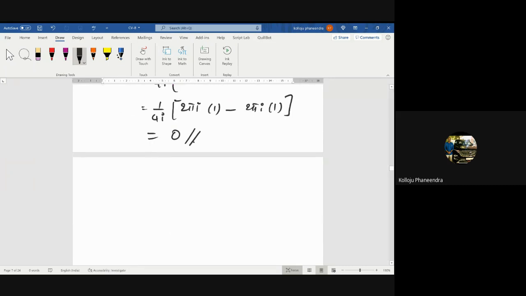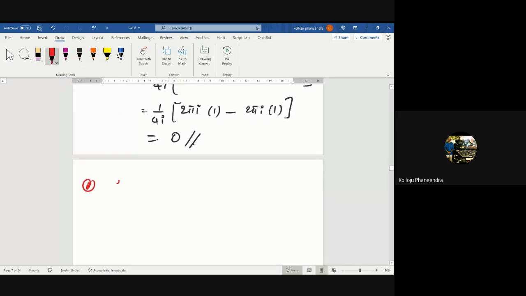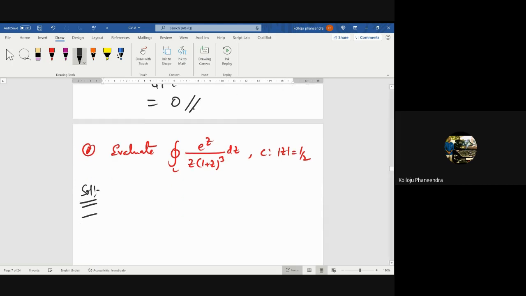Okay. If you still have any doubts, it will be clear in this problem. Evaluate the integral over C of e^z by z(1+z)^3 dz, where C is |z| = 1/2.